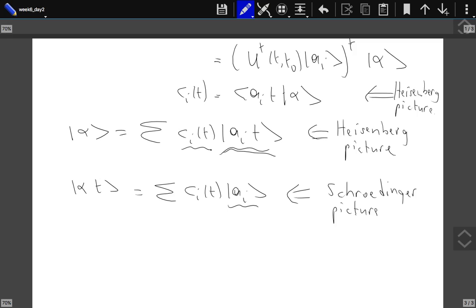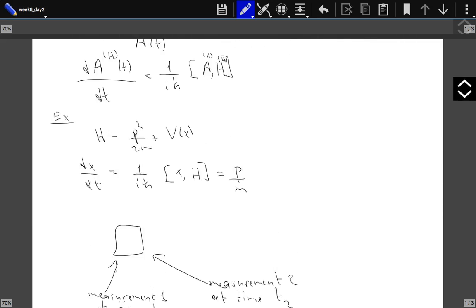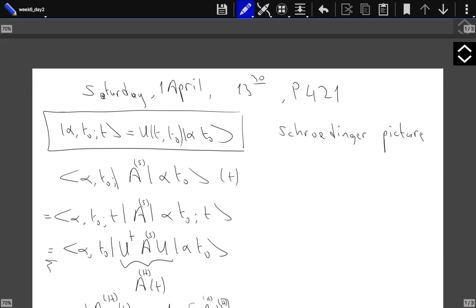What is evolving? That is the whole idea between these two pictures. What we see is observables evolving in time. If I just drop an object, you know its position is changing in time. That is your observation. Your observation is not the ket. You are not observing the ket.